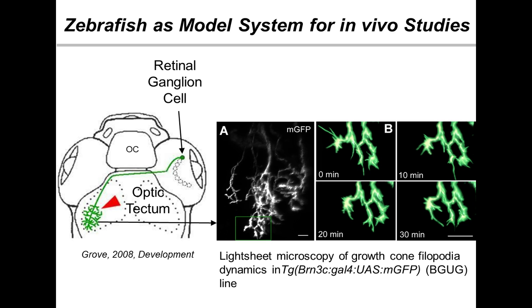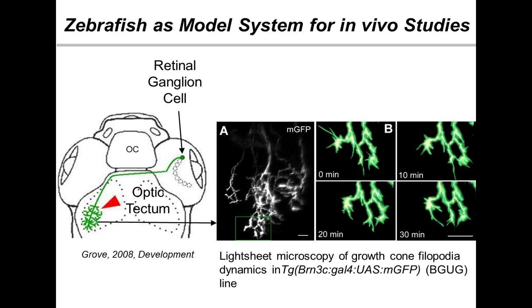So, just as an example of what you can do in zebrafish, this is an example of imaging in the living zebrafish brain of an embryo using a specific line that expresses the fluorescent protein GFP in retinal ganglion cells, but only in a few cells, and this is called sparse labeling.